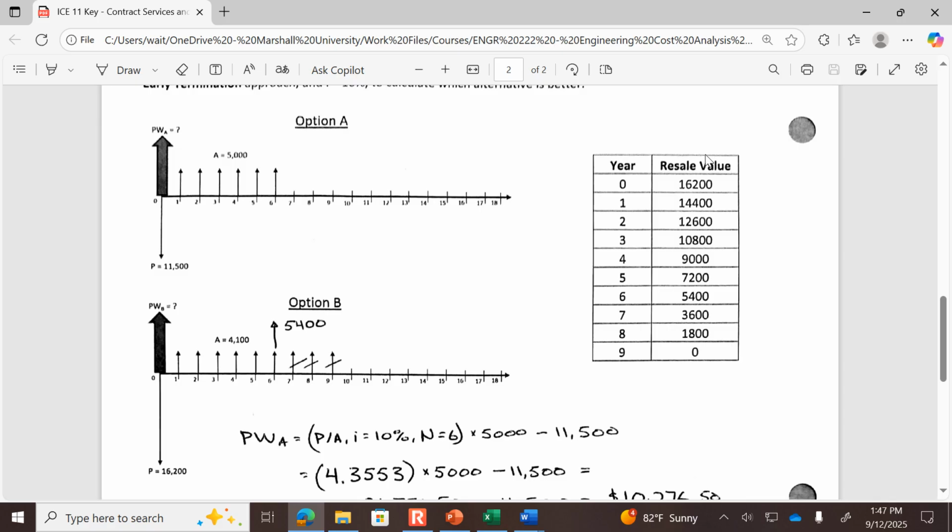But if this is something that you plan on doing for a very long time, then maybe you'd be better off with multiple cycles. You know, LCM doesn't take the resale values into account. So this is just an illustration of how you have to be really thoughtful about deciding what your study period is.